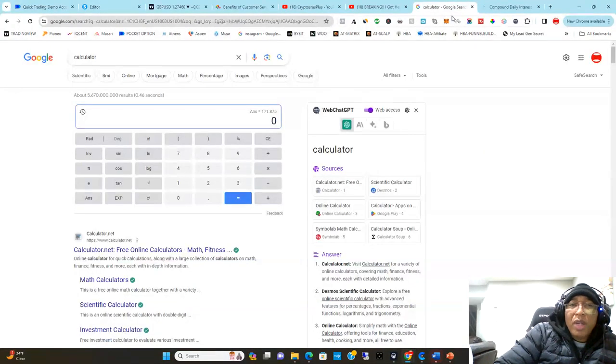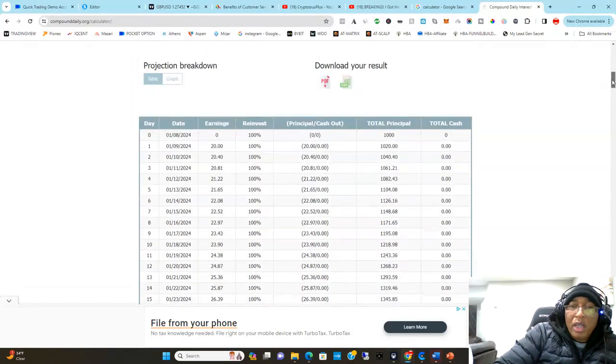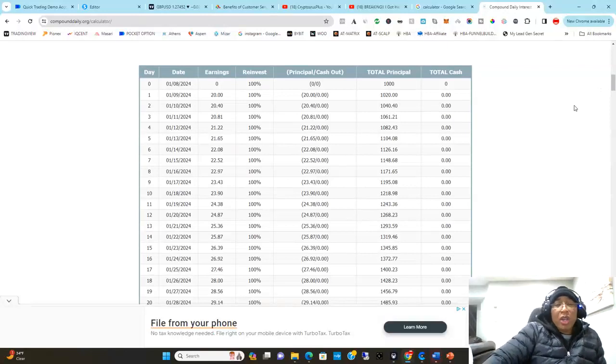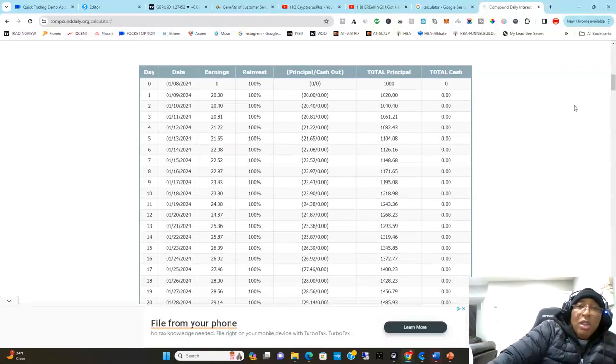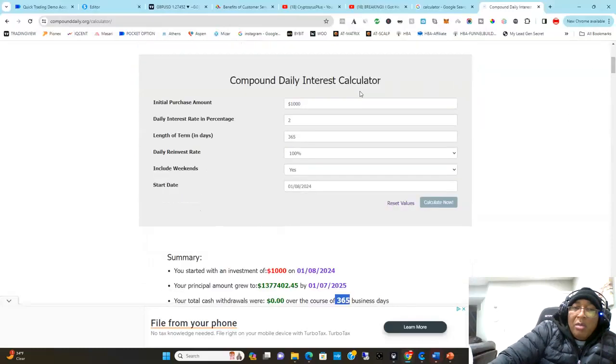Alright, so we have learned something here. We can easily grow this 1000 to 1.3 mil in 365 days by just doing a 2% growth every single day without failure. 24/7 you were gonna trade binary options every day for at least 1 hour, aiming for 2%, and your starting investment is $100.